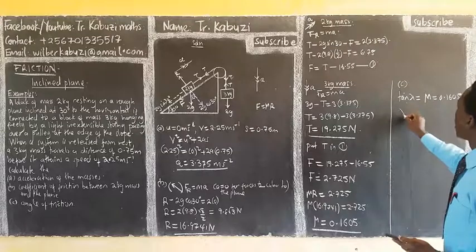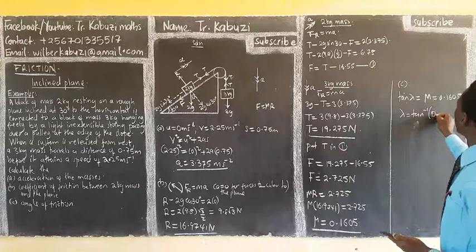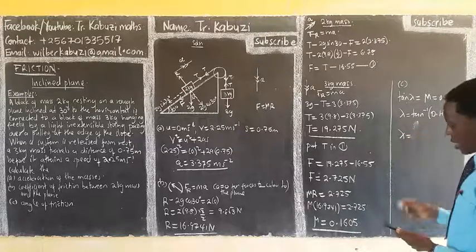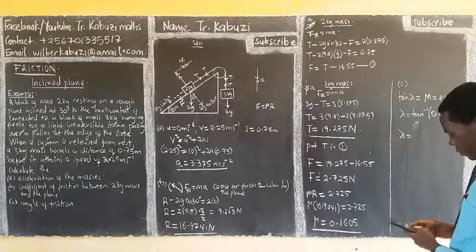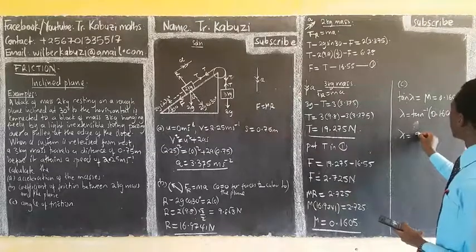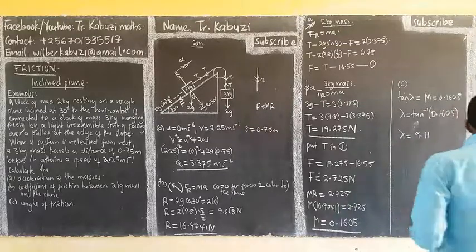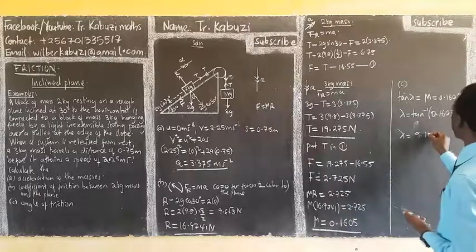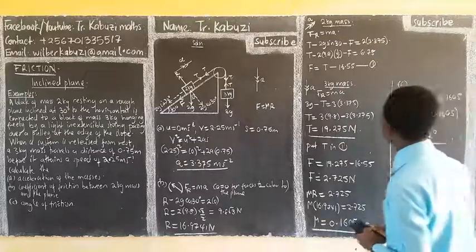So meaning our lambda is going to be tan inverse of 0.1605. And so our lambda becomes 9.12 degrees. Give it to 2 decimal places.